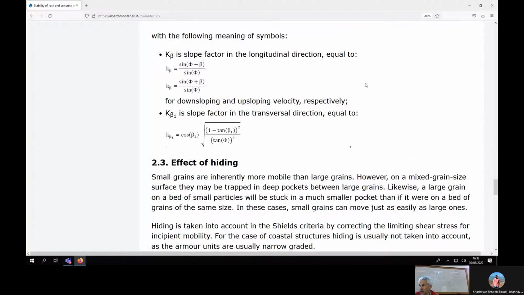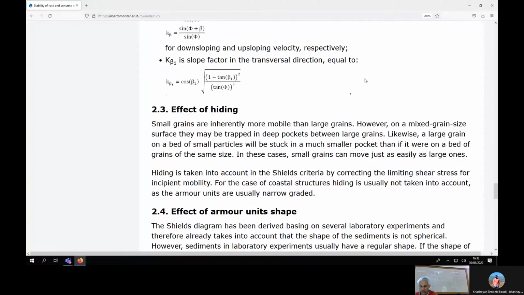And then we have the effect of hiding. First, hiding, what does it mean? It means that if you have a situation where the units have different size, then some of the units get hidden behind a unit of greater size.